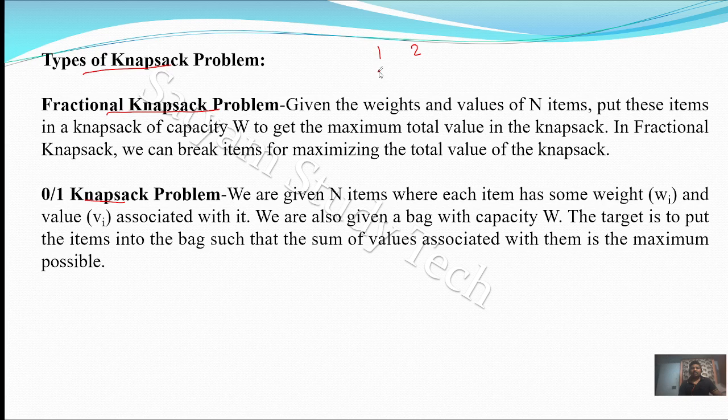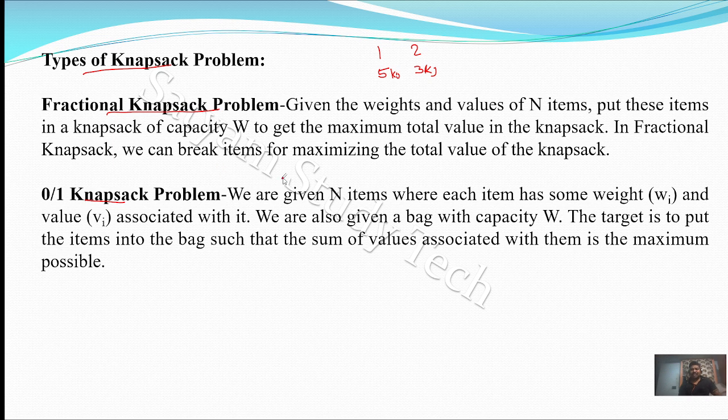Object 1 has weight 5 and object 2 has weight 3. You can consider this to be kgs, for example 5 kgs of onion and 3 kgs of potatoes. So it is divisible. You can take 1 kg or 2 kg based on the remaining capacity of the bag. That is the fractional knapsack problem.